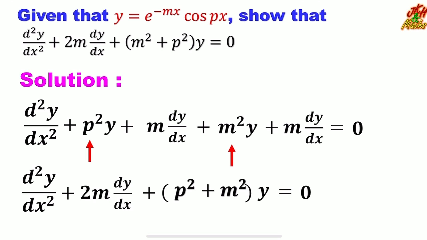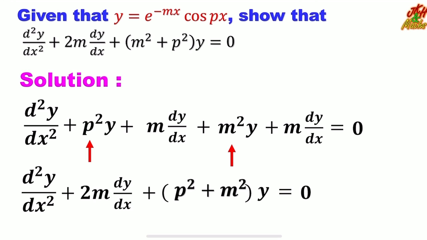So therefore, the second derivative of y with respect to x plus 2m dy/dx plus, in the bracket, p square plus m square, multiplied with y, equals 0.